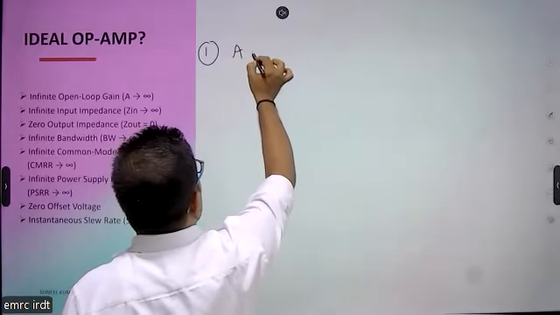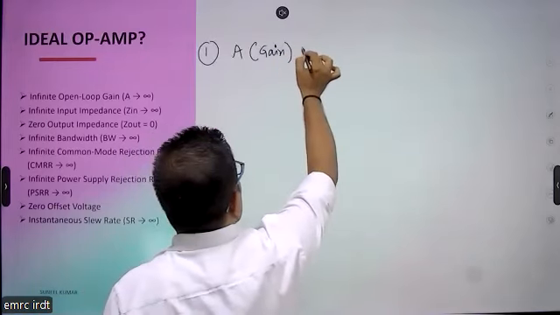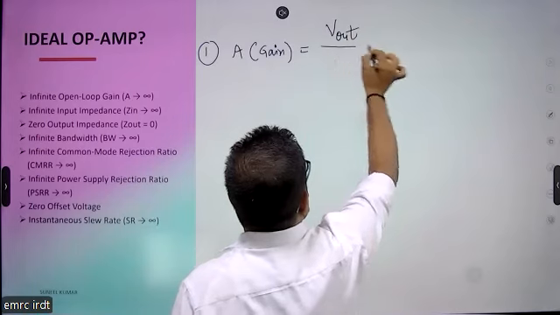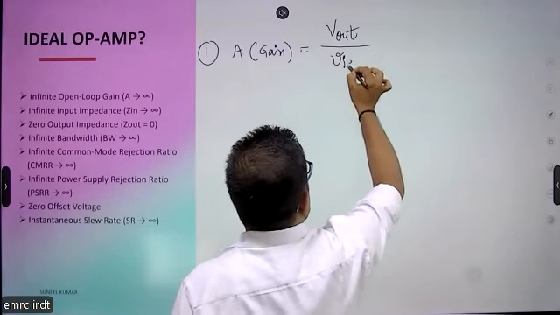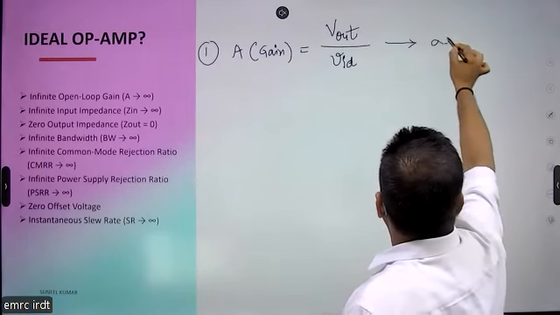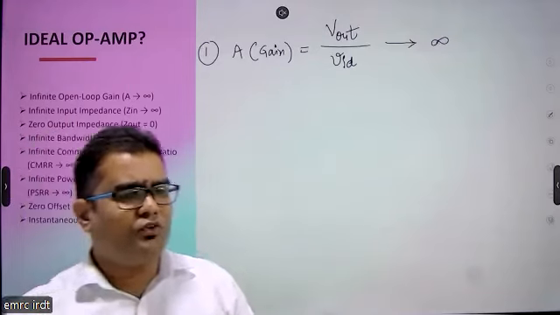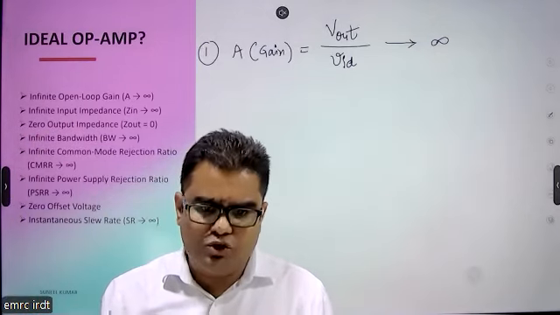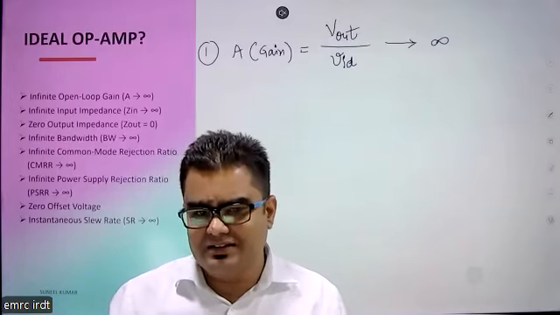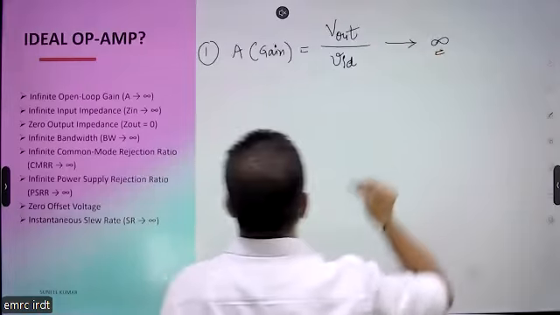This is the gain that we have seen here: V output divided by VID, and this should ideally be infinite. Even if we don't provide any kind of input, there should be a desired output. This is the ideal condition that we want. So for that, this must be infinite.